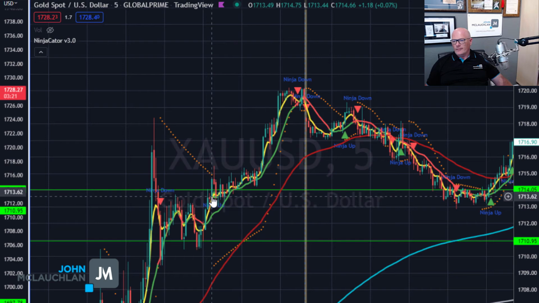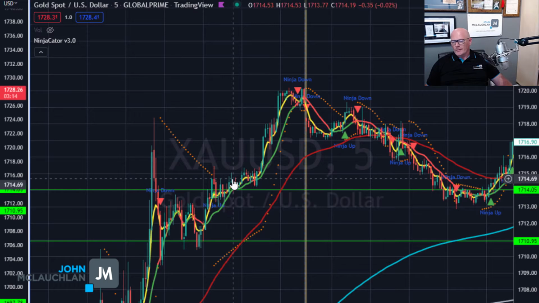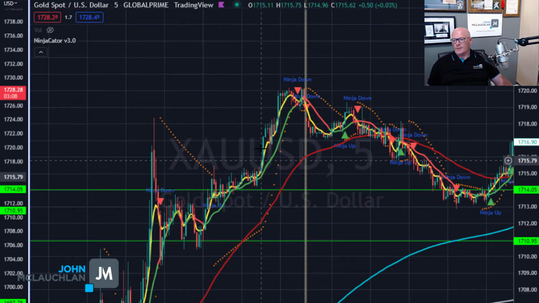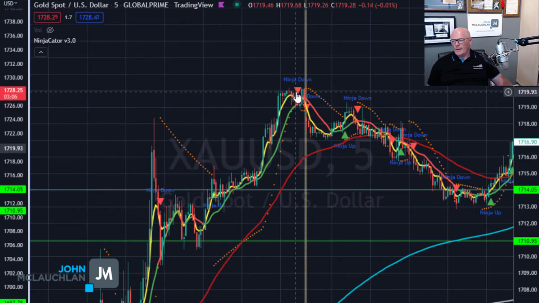When it breaks out of an area like that and spends more time out of the area than in the area, that's when you know it wants to go. The price wants to go, and that's what it did. It went up all the way to there, and then it came back down to the same area.